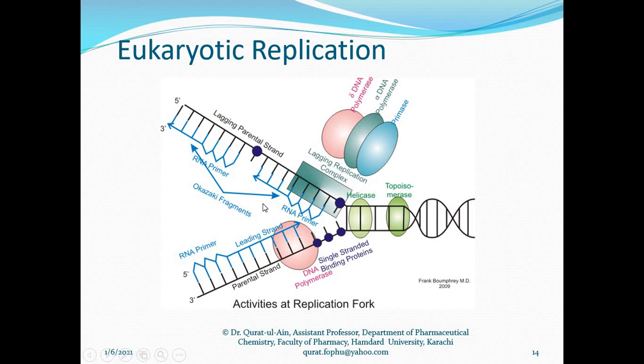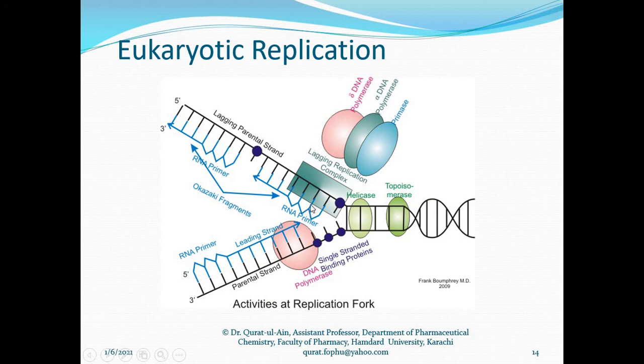And then DNA polymerase delta and DNA polymerase eta extend this DNA, and then the topoisomerase enzyme would release the tension that would be generated due to the uncoiling of the DNA.